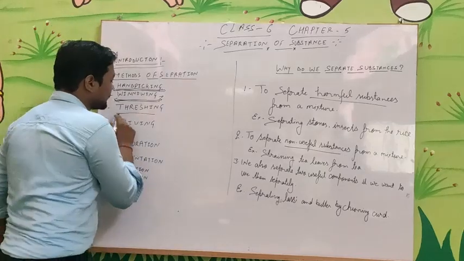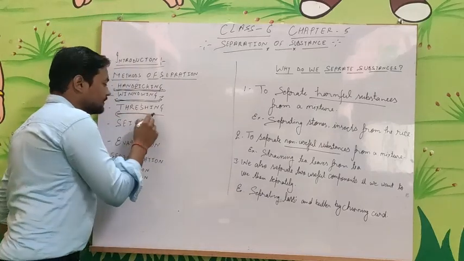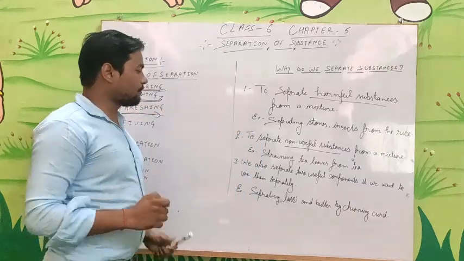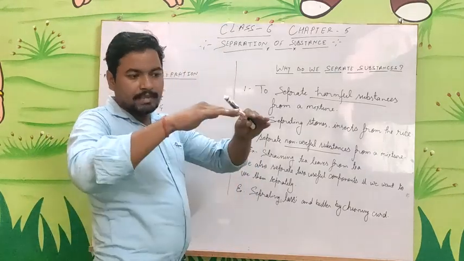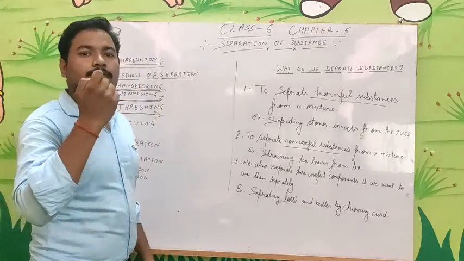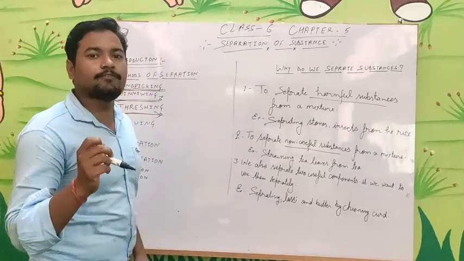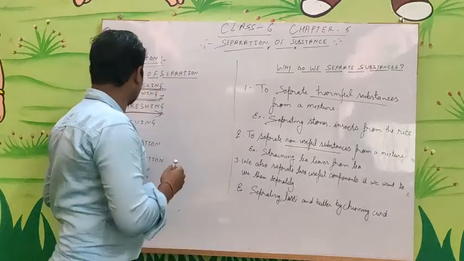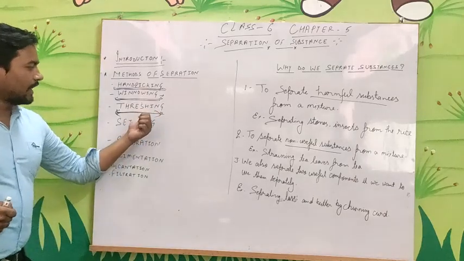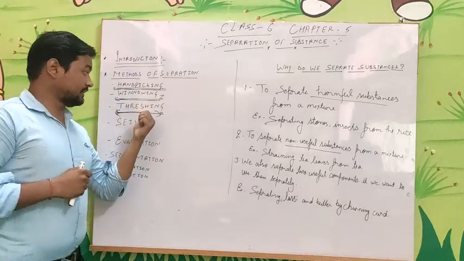Next is threshing. Why do we use threshing? You can see the wheat crop. There are big husks and stalks and the small part, the wheat grain. The process of separating the wheat from the stalks and husks is called threshing. How is it done?